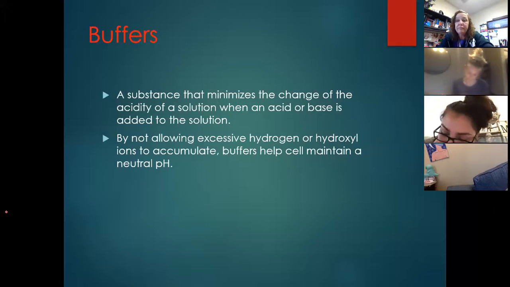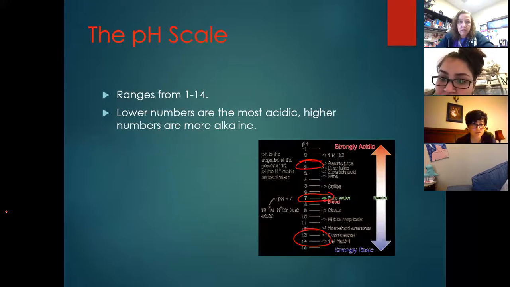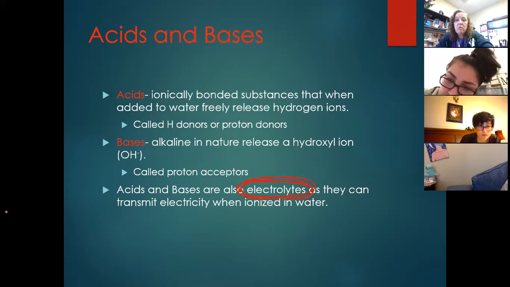Can you go back to the bases? Do what? I'm sorry? Can you go back to the bases? The acids and bases? So on this, all you needed to know basically was that the word electrolytes is something that carries a charge.